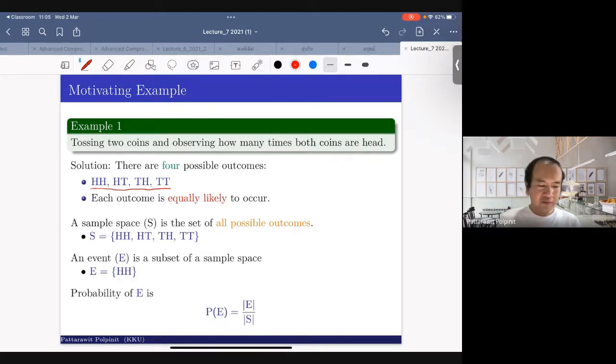Now, if the question is how many times both coins are head?